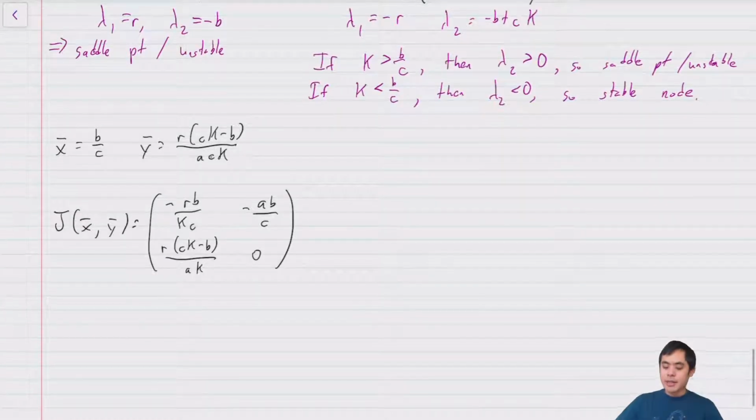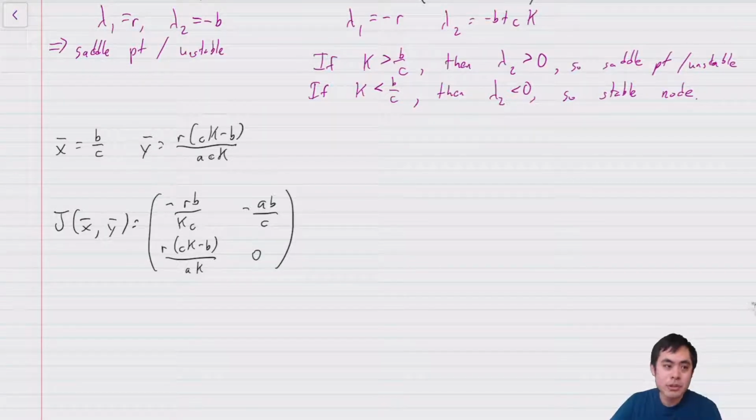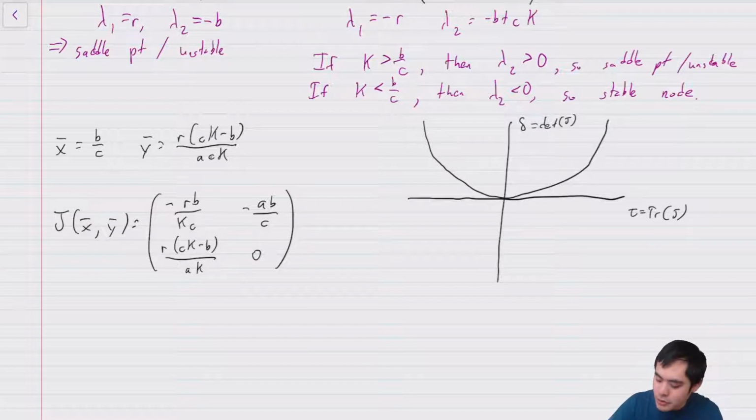Now, in order to analyze this, it's a little bit harder. You can directly compute the eigenvalues, but another alternative is to use the stability diagram based on trace and determinant. Remember, tau is equal to the trace of J, and delta is equal to the determinant of J. We had a parabola, tau squared equal to 4 delta, where the discriminant determines whether something is a spiral or not.